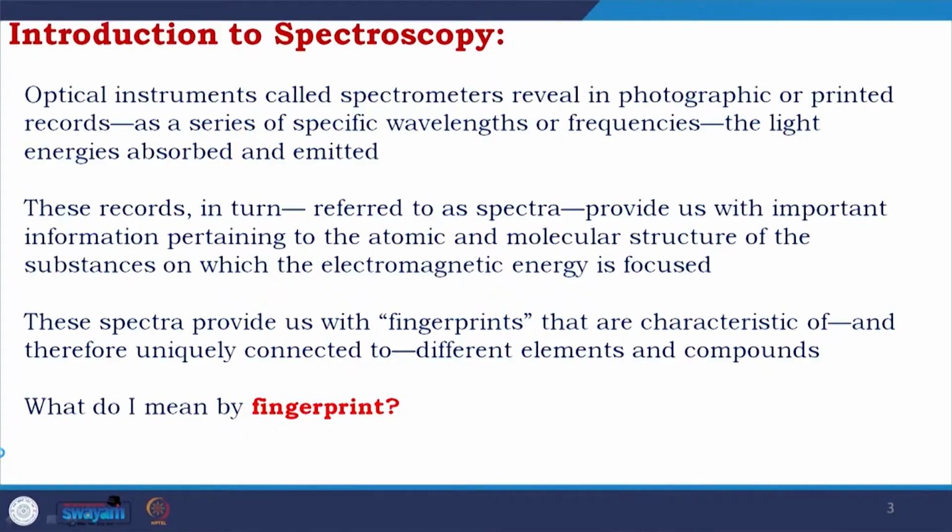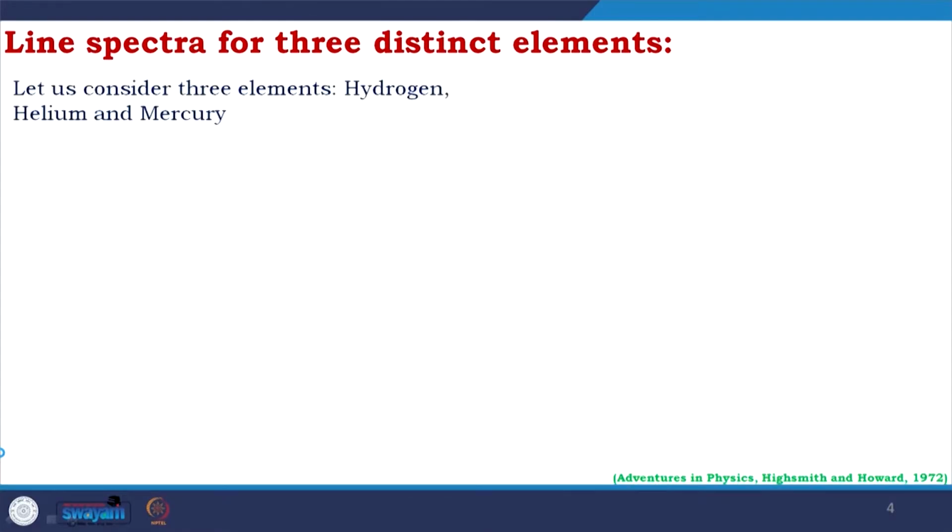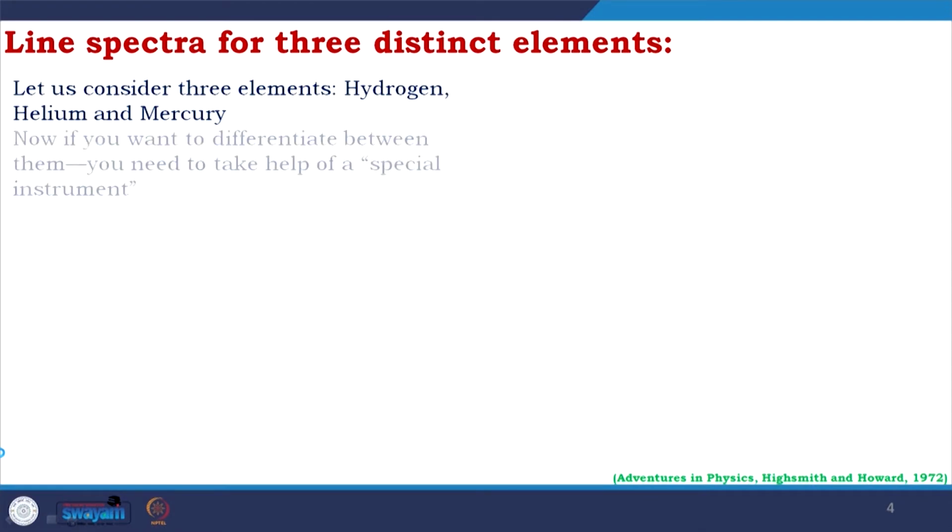So, as I was talking about the term fingerprint, what is a fingerprint? Let us discuss that. What we did, we considered three elements: hydrogen, helium and mercury. Now, if you want to differentiate between them, definitely we want that, right?